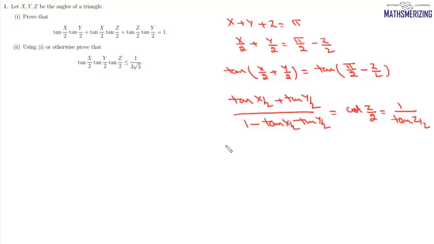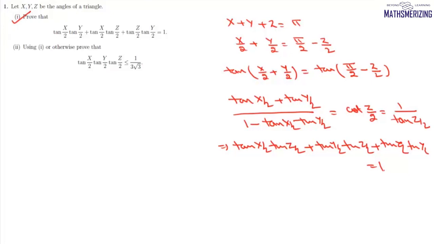Now if we cross multiply, we can write this as tan(x/2)tan(z/2) + tan(y/2)tan(z/2) + tan(x/2)tan(y/2) equal to 1, and this is what we need to prove in part 1.